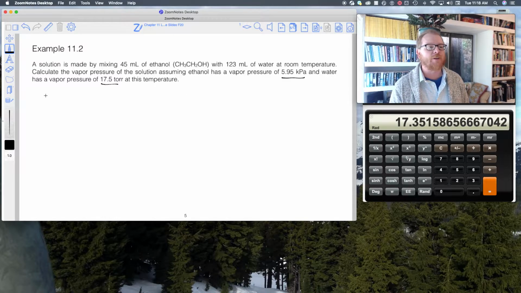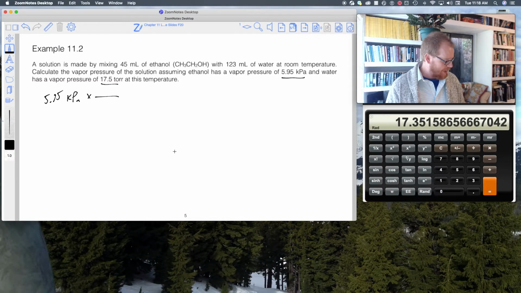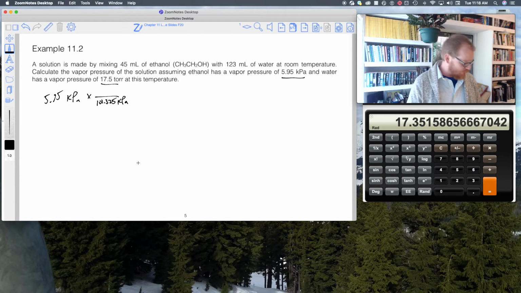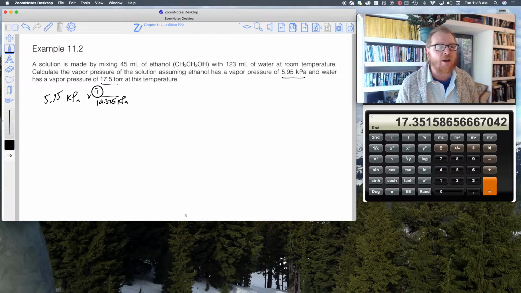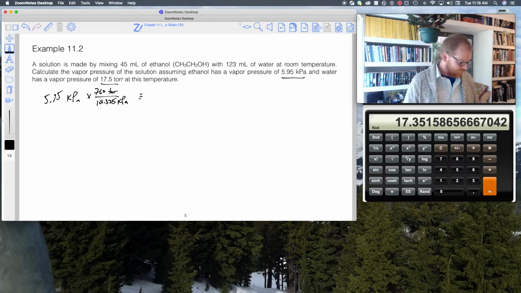So I'm going to convert this 5.95 kilopascal into torr. Okay. I recognize from my little chart here, that you always have these numbers on an exam. I'm not going to make you memorize them. 101.325 kilopascal is the same as 760 torr.